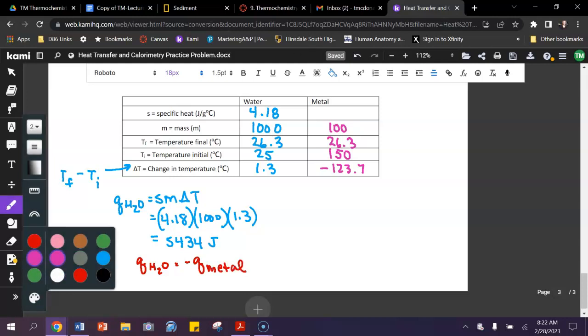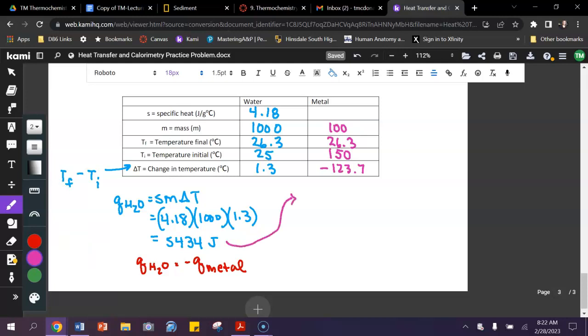Now, we know that Q of water is equal to negative Q of the metal. So we are going to plug in 5,434 joules in for my Q-SMAT for the metal. Let me write that better for you.